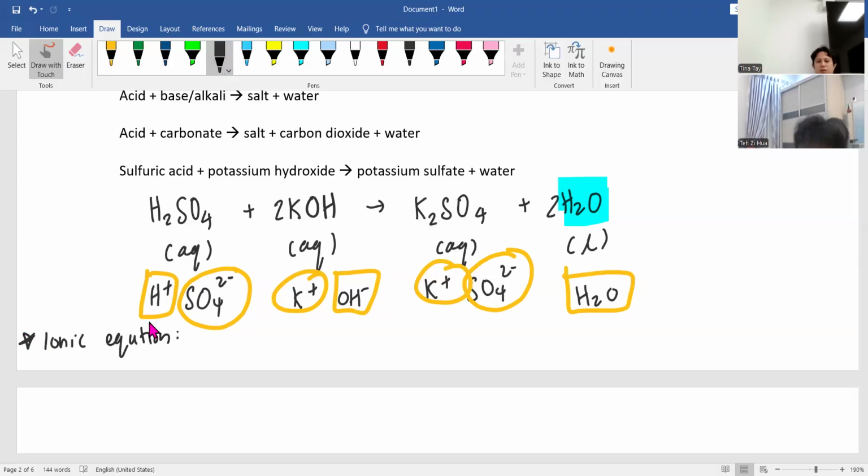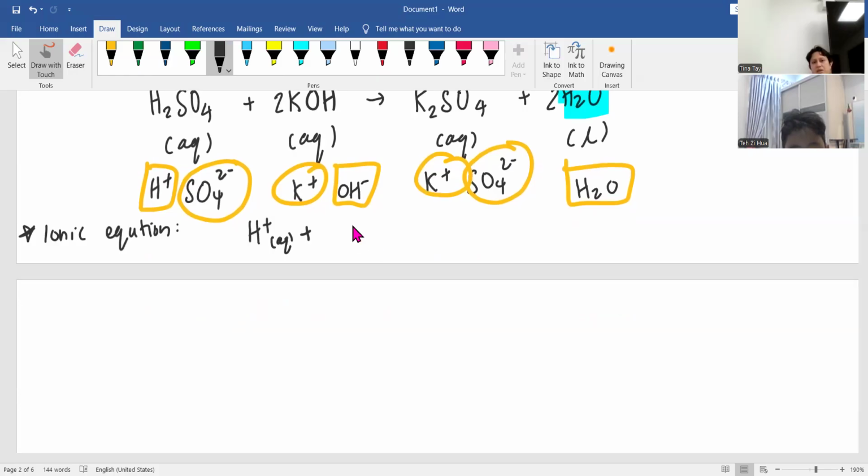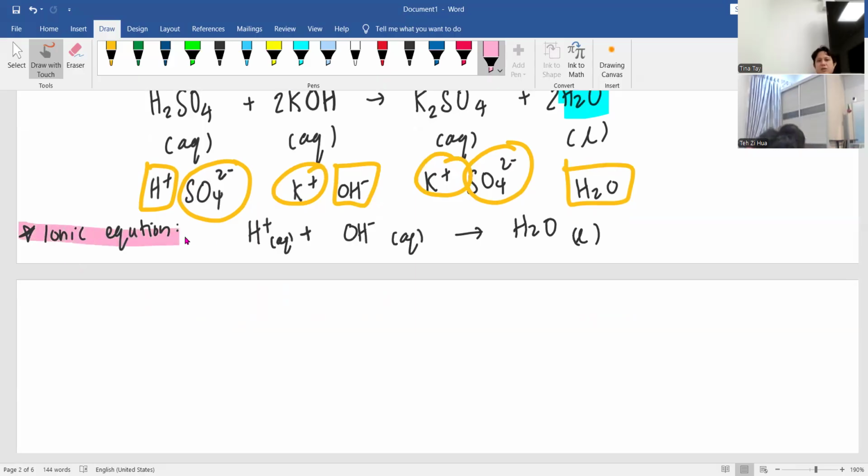So this is a very important ionic equation. You always use it for neutralization of acid and alkali. Hydrogen ion in aqueous state with hydroxide ion in aqueous state become water, which is a liquid. And this is a 3 mark question. So this is a very important ionic equation here.